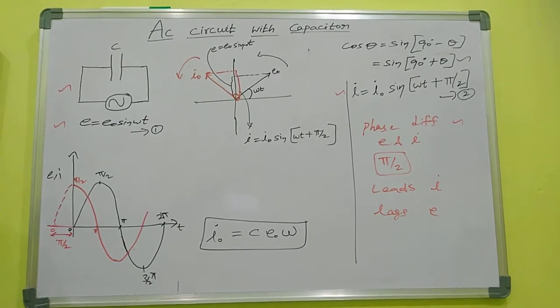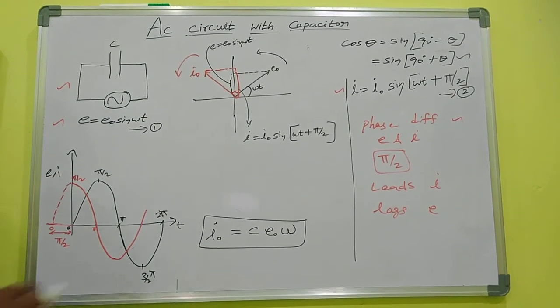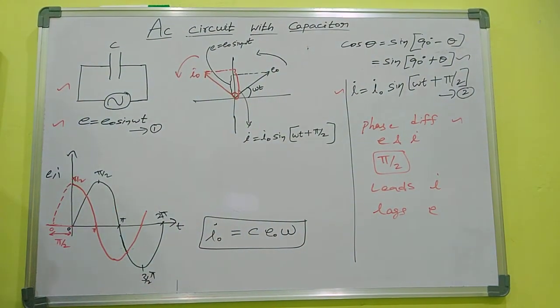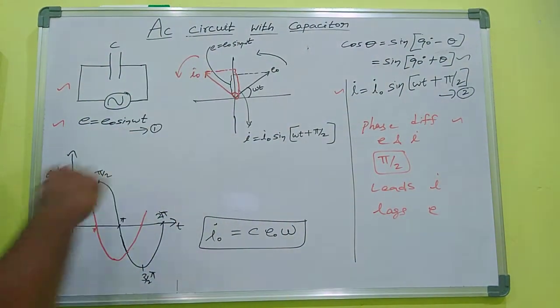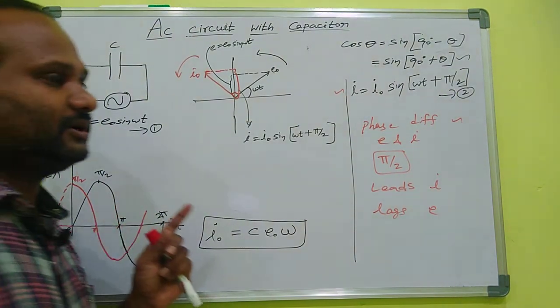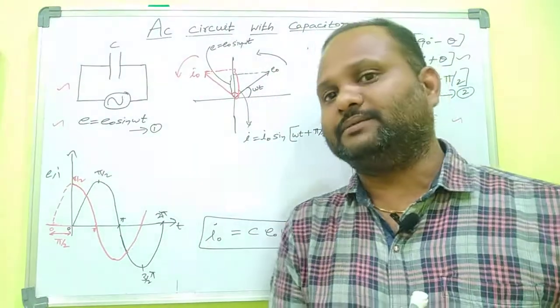The next is what? Both are rotating in the anti-clockwise direction. EMF is rotating anti-clockwise, current is also rotating anti-clockwise. Even if it rotates anti-clockwise, what will happen?